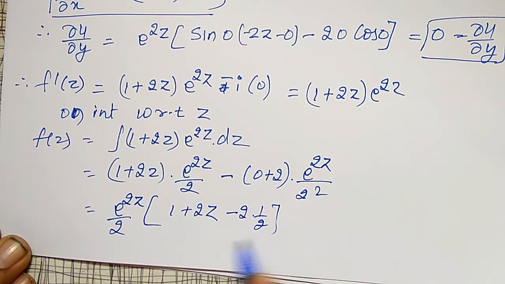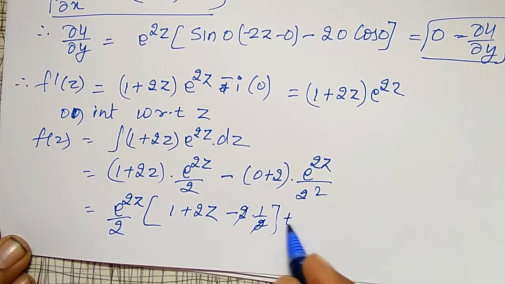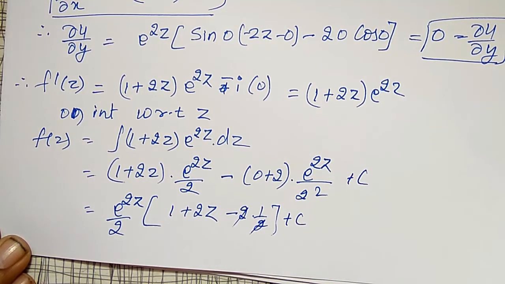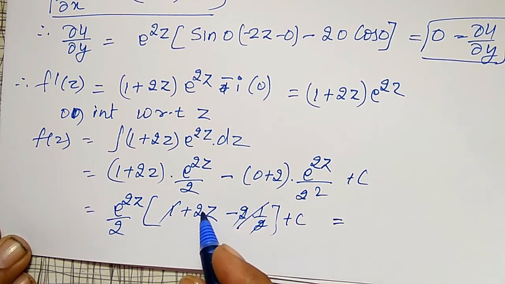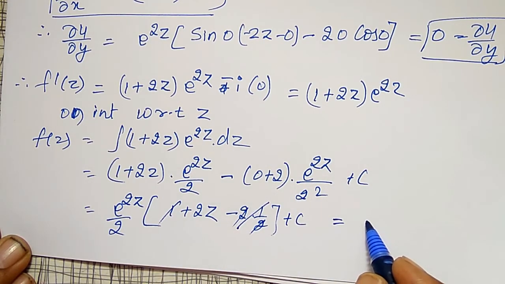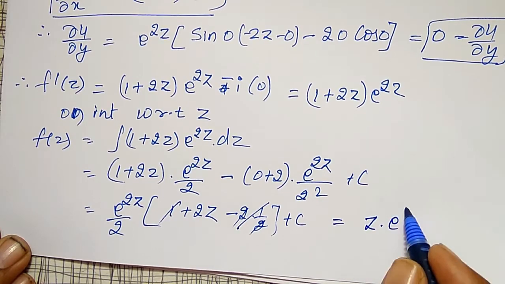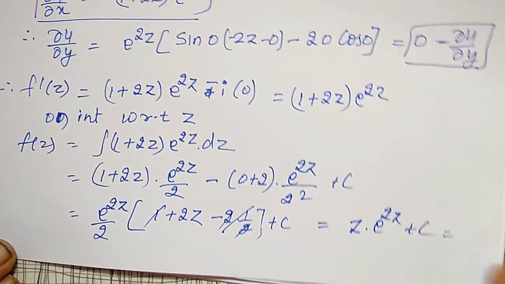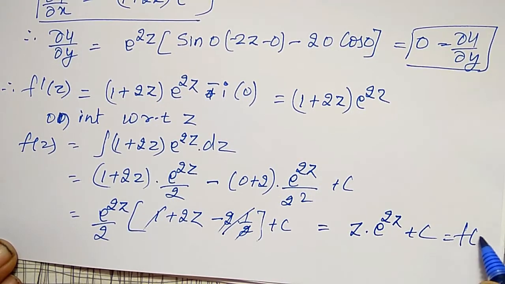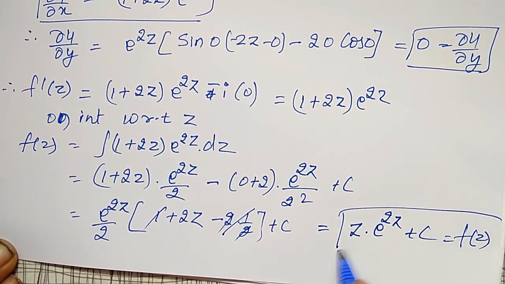Therefore, this 2, to avoid confusion, plus c I will write as constant. You can check that the 2 cancels, plus 1 minus 1 cancels, and this 2 also cancels. Therefore, it becomes z into e to the power 2z plus c, which is the required analytic function f(z). This is the Bernoulli's rule that I used, and this cancellation you can do yourself.